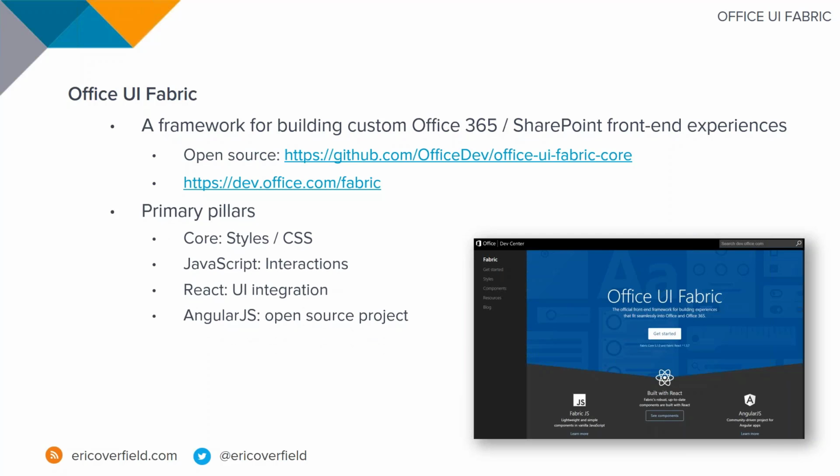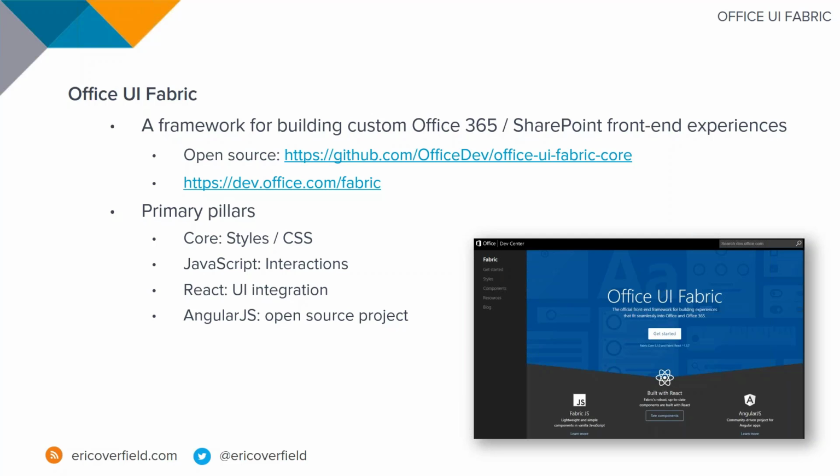There are three primary pillars of Office UI Fabric. There's the core aspect of the Fabric UI, and that's going to be your styles and CSS. That's going to give you the general styling so that your customizations on top of SharePoint look like they belong within the SharePoint infrastructure.